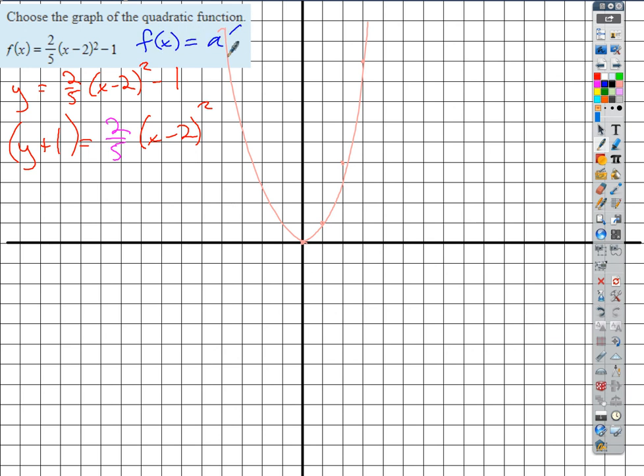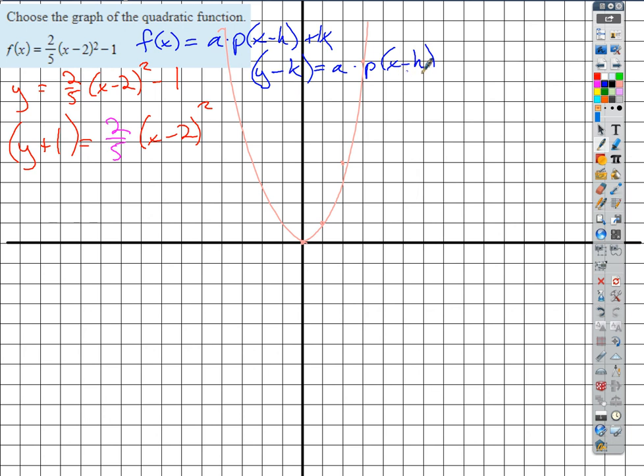Instead of writing a times p of x minus h plus k, we could even write that as y minus k equals a times p of x minus h, right? And then doesn't this just look like that's mirrored to this side, right?